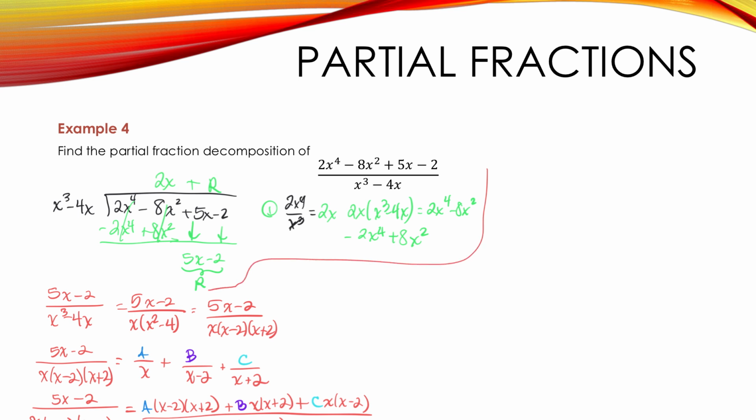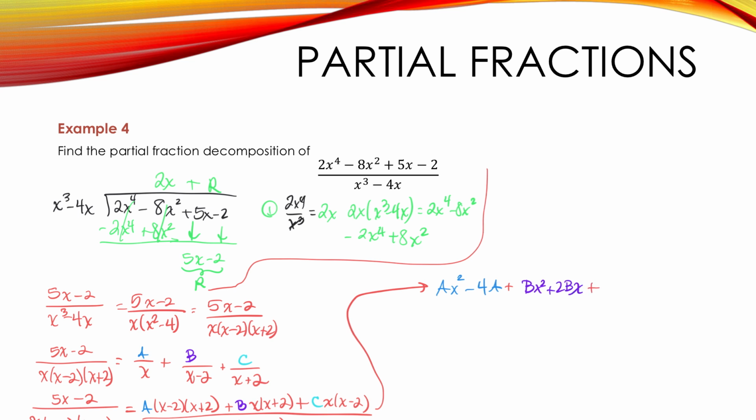So what we're going to do is step outside of our long division and bring our work up here a little bit and say, okay, so now what? So now I've got ax squared minus 4a plus bx squared plus 2bx.